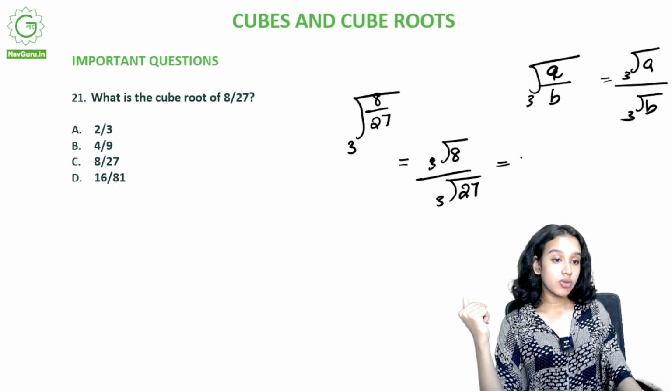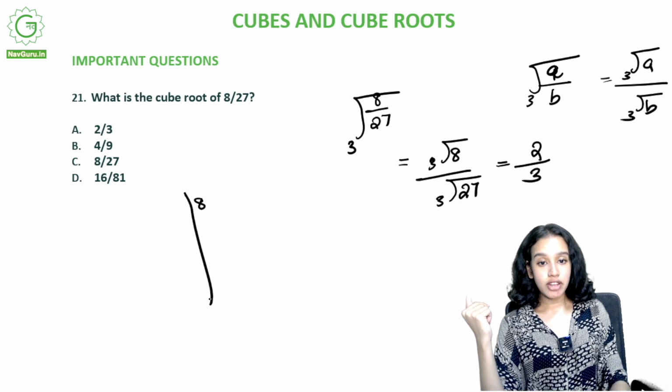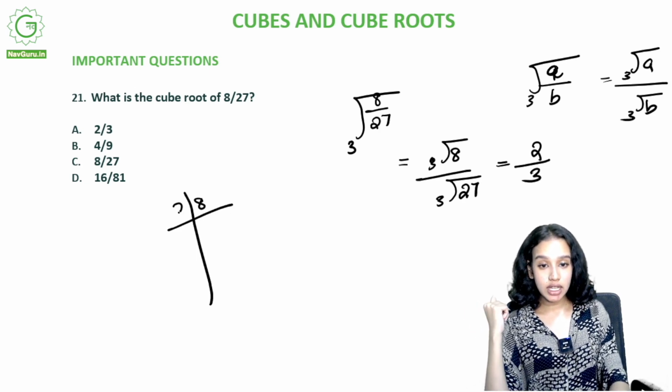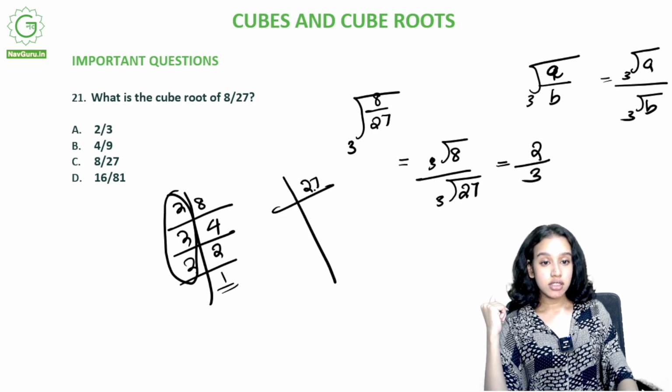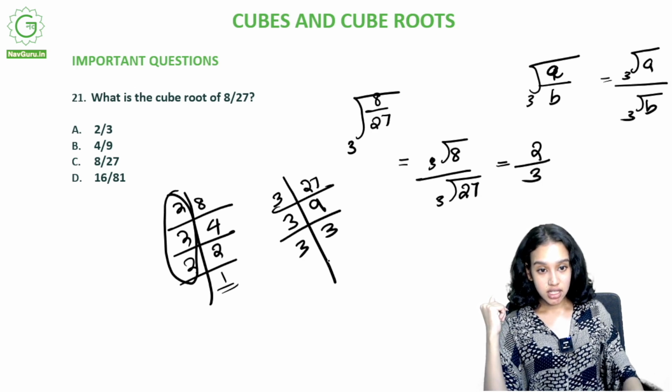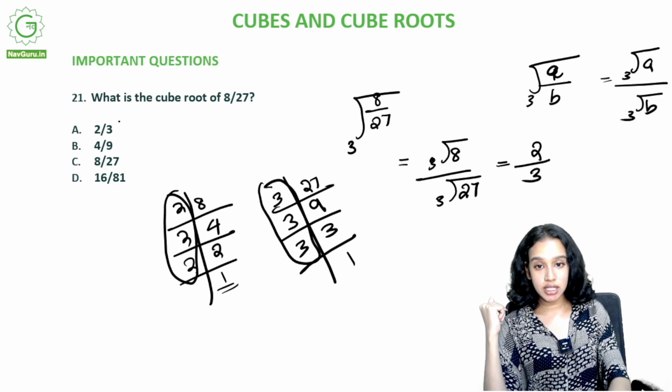What is cube root of 8? It's 2, and of 27 is 3. Let's do the prime factorization method here just to remind you again. 2, 4, 2, 2, 2 and 1. So, it's a triplet of 2. Again, 27: 3, 9, 3, 3, 3 and 1. So, it's 2 by 3.